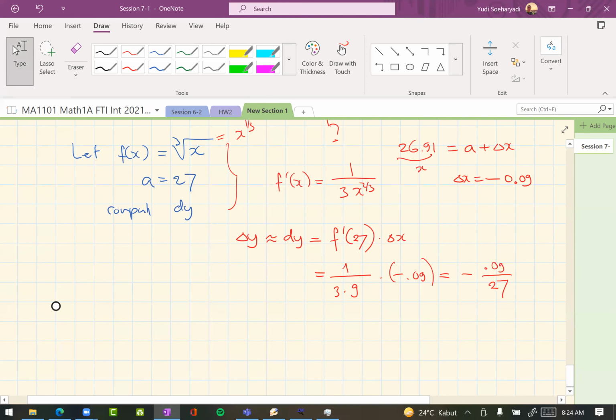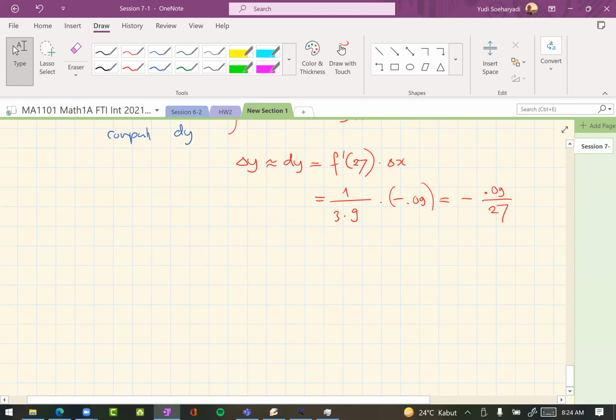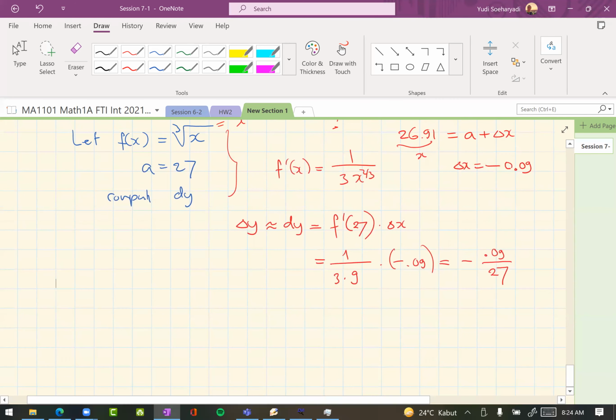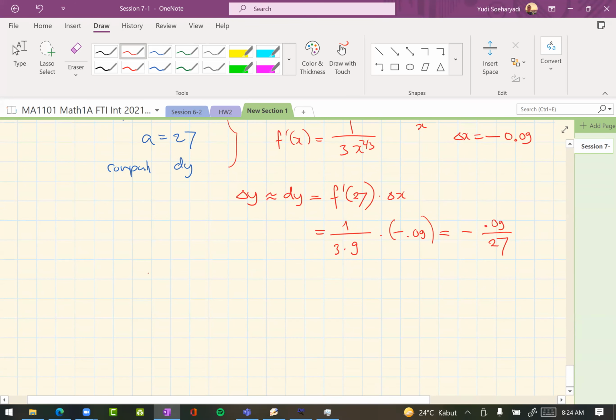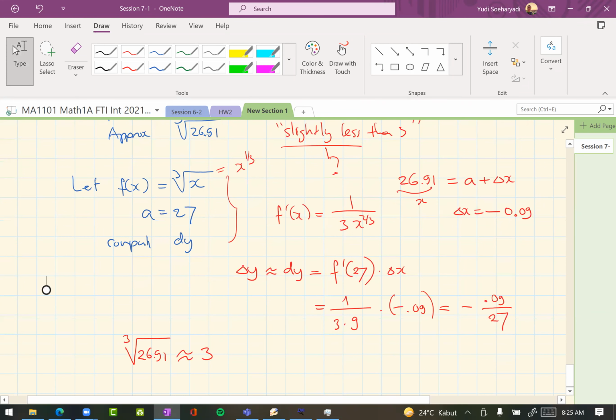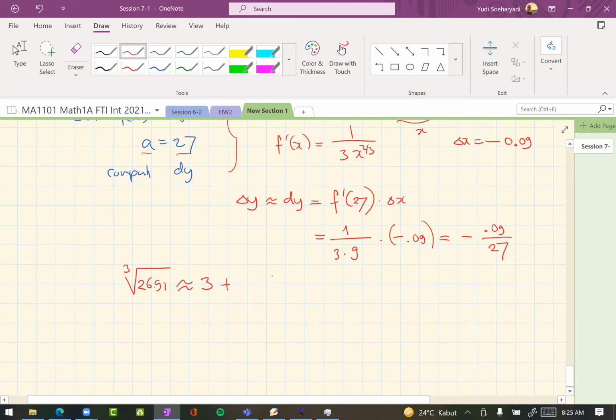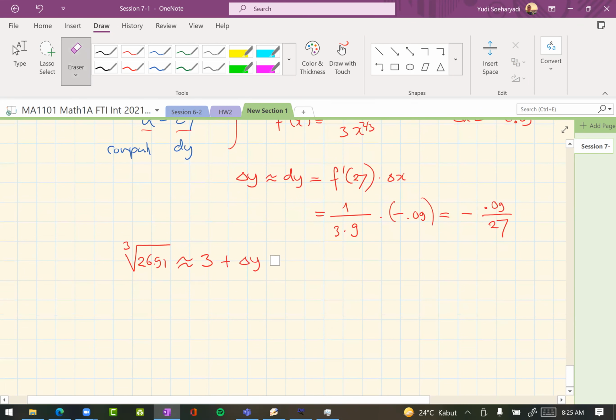The original problem now is that 3. How do we get that 3? That's the cube root of 27. But this is 3 negative.